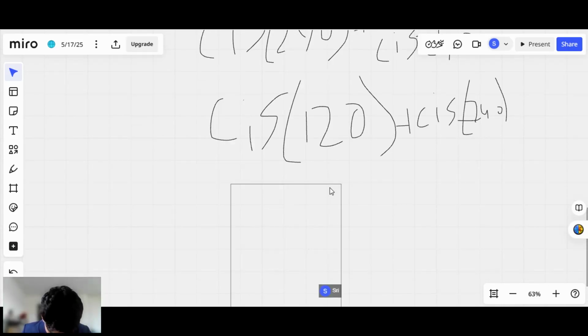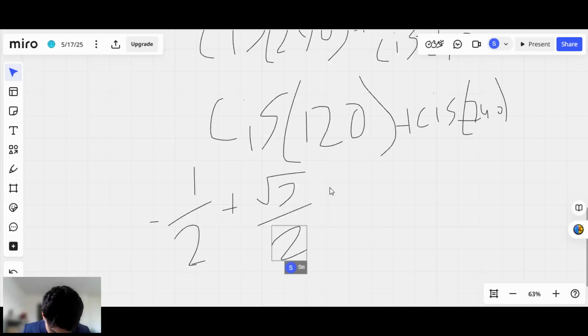Now, if we evaluate both of these, cis of 120 is negative 1/2 plus square root of 3 over 2 i.